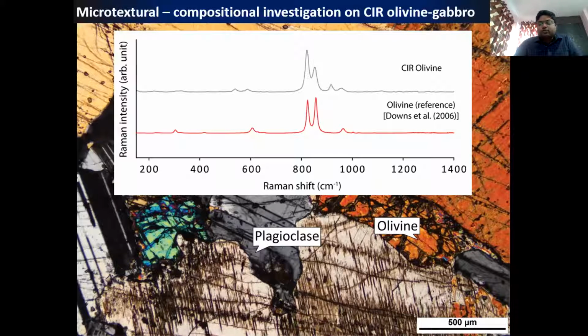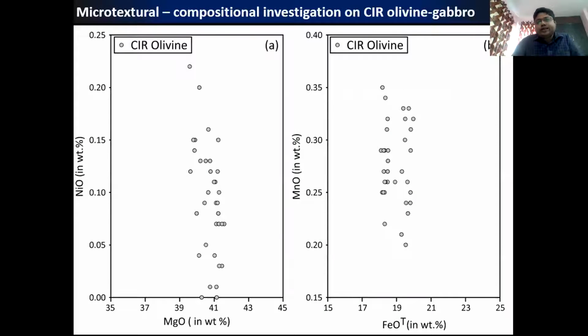This is the Raman spectra to confirm this is olivine. Now, when we did the compositional study by EPMA, you can see this olivine contains a significant amount of nickel.